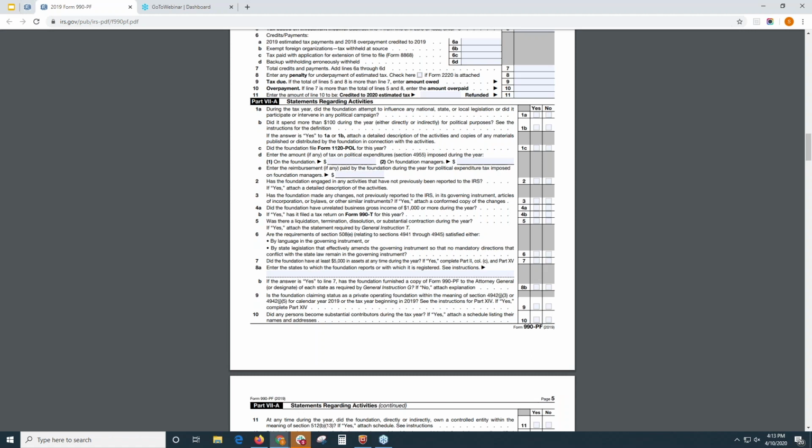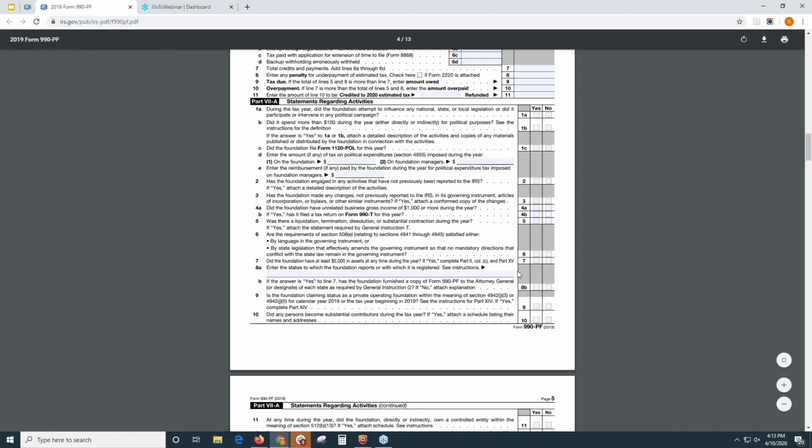Gross income, liquidation, and assets will also be addressed in this section as well. Books and care of information is reported in this section as well.